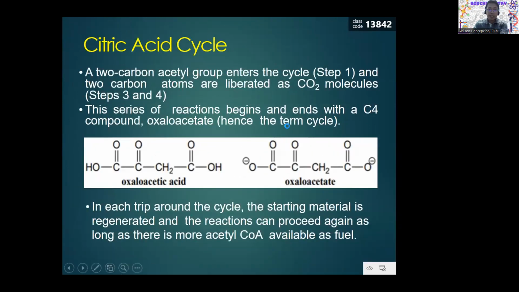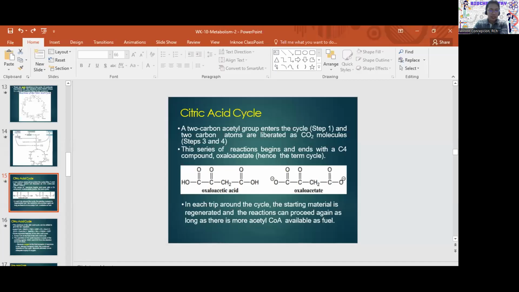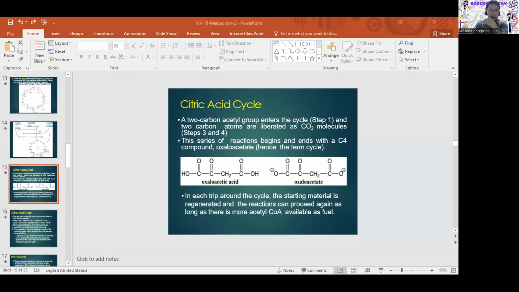Balikan muna natin ha yung ating topic last week na nilaktaw. Hindi natin na-discuss kasi may laboratory tayo last week. Maiksi lang naman 'to. Balikan lang natin saglit.